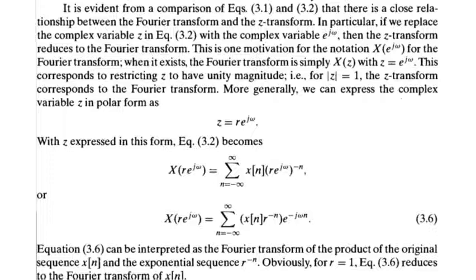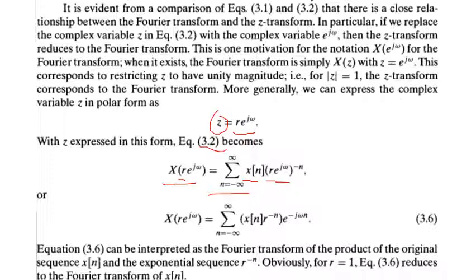We know that the Fourier transform formula is X of e raised to the power j omega. We are choosing R here, the summation from minus infinity to infinity of the signal, and then R e raised to the power j omega, minus n. So we have just placed the value of Z to be R e raised to the power j omega in equation 3.2.